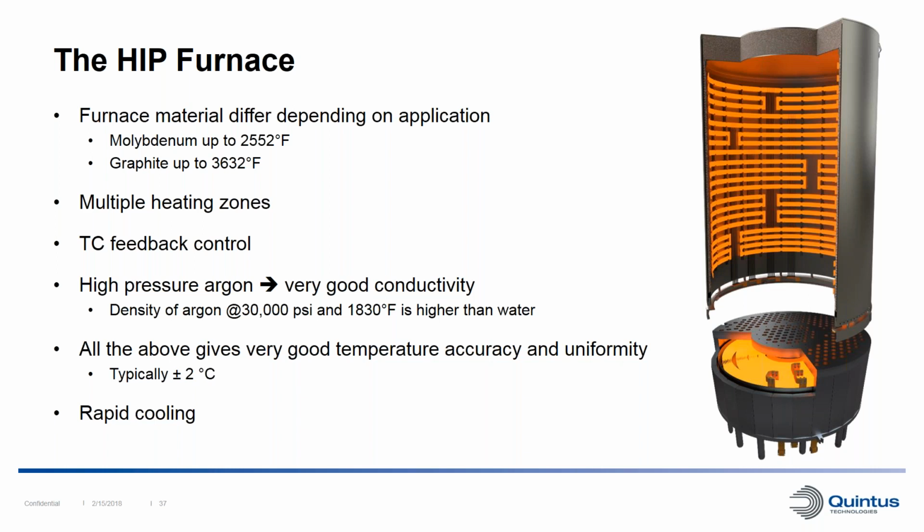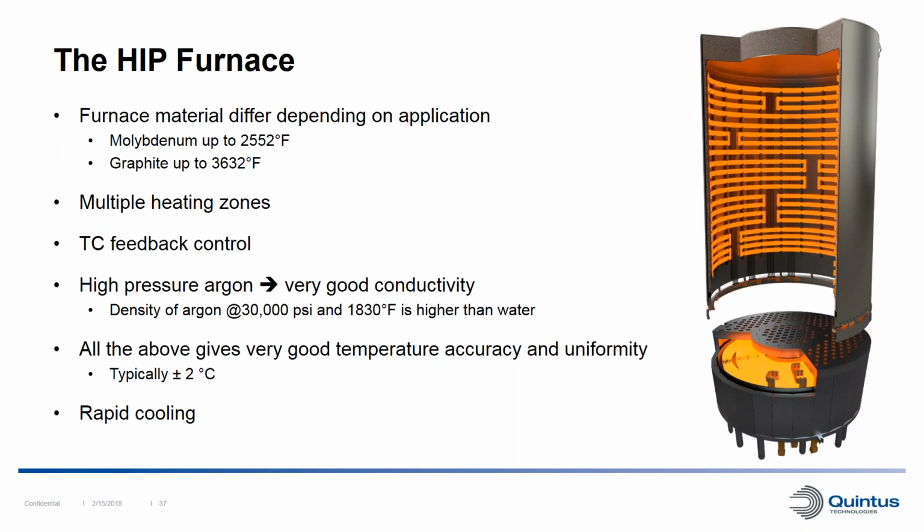Other furnace materials would be graphite, for example, where you can reach temperatures as high as 3600 Fahrenheit, or stainless steel if you want to use lower temperatures. Typically, it's the material to be processed that decides what kind of furnace should be used.